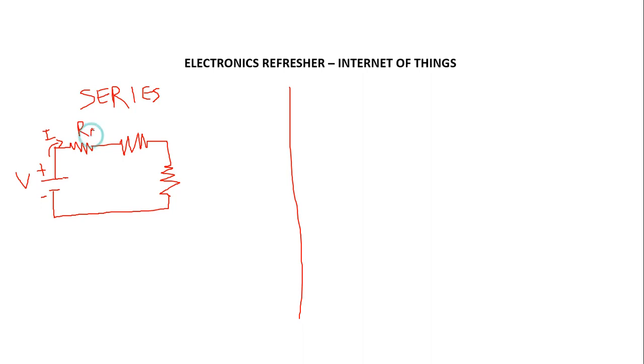We're going to term the resistances as R1, R2, R3. And what are the rules for this series circuit? I'm going to explain the rules now.